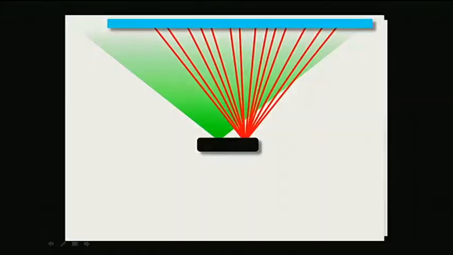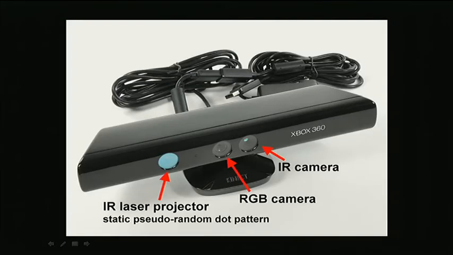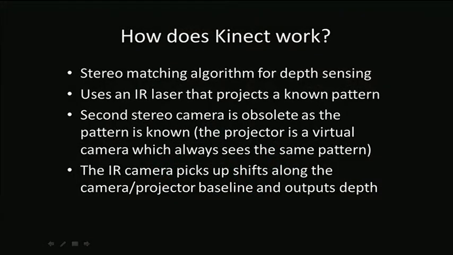So you might think, how is it stereo when it only uses a single infrared camera? This camera utilizes a quite clever trick. The infrared laser projects a random laser pattern, but it is like having a camera looking through the lens of the laser projector.